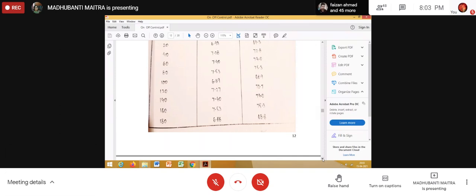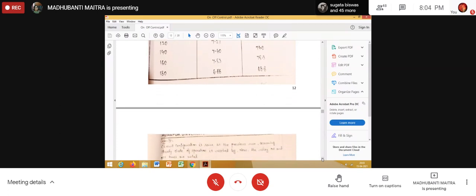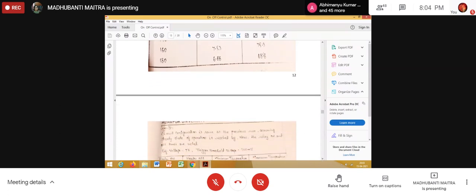That means now the desired temperature is 50 degrees centigrade, and hence the fan will automatically be connected. You calculate the error value and try to find out what will be the status of H1, whether it will be 1 or 0. We'll find that H1 will be 0, and hence the fan will be connected in the circuit.